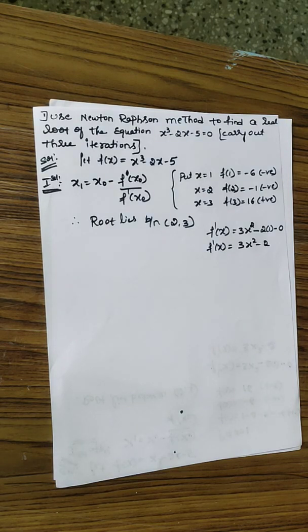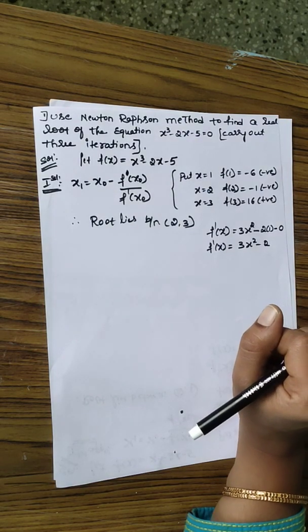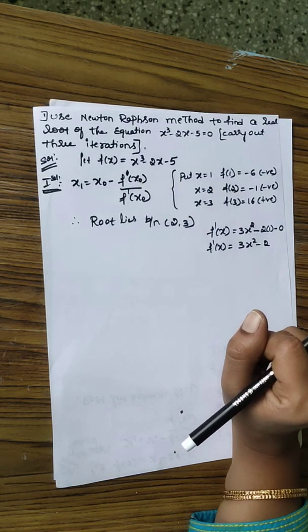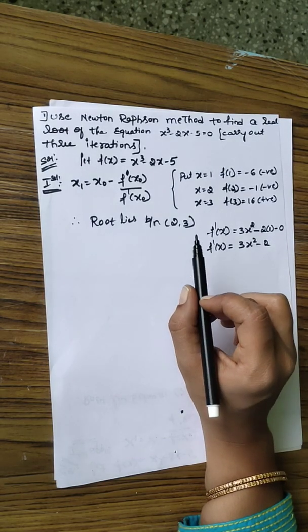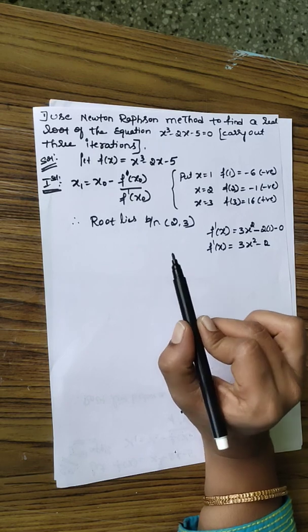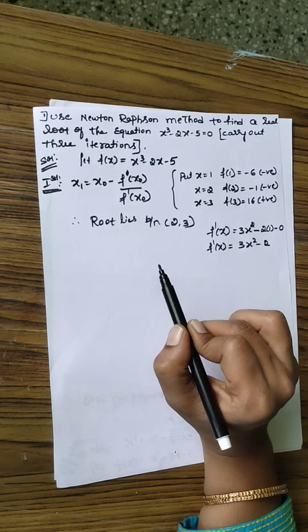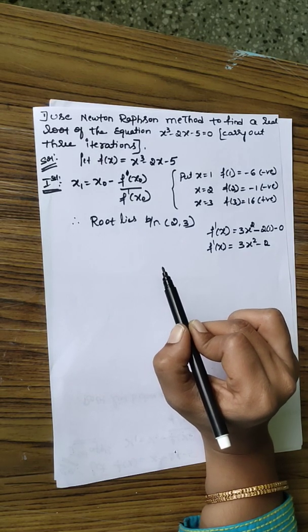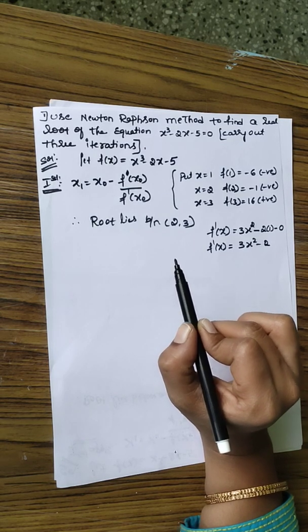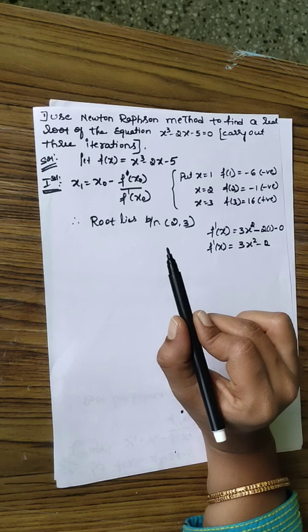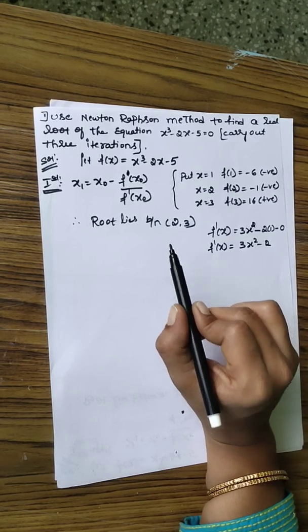Now the choice of the initial value. We know very well that we have the interval from 2 to 3. Now choose any starting value out of this interval. It is up to us which value we choose, as long as it belongs to this interval.